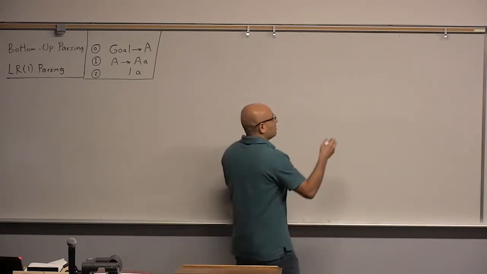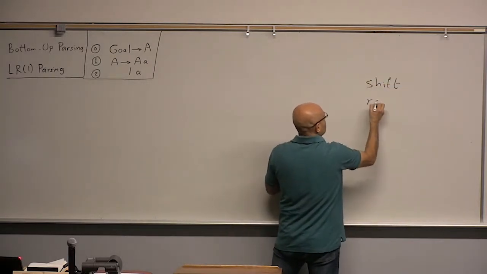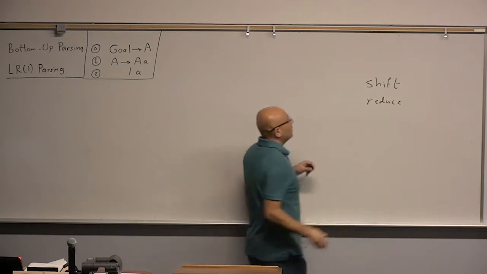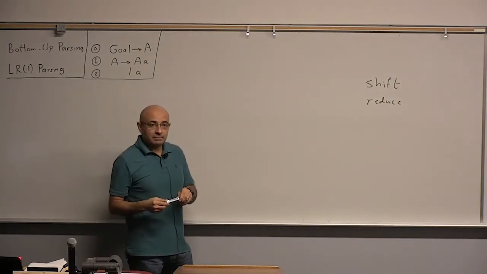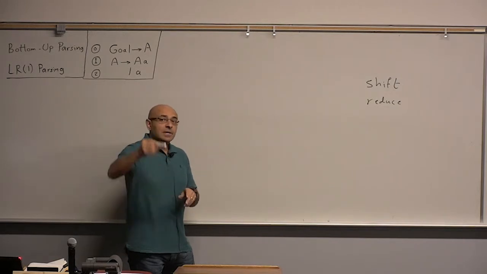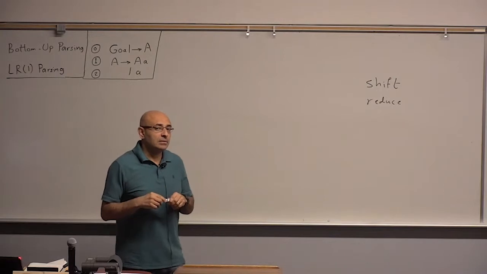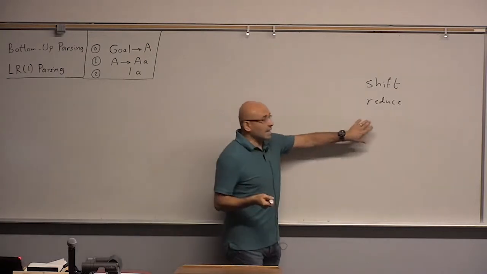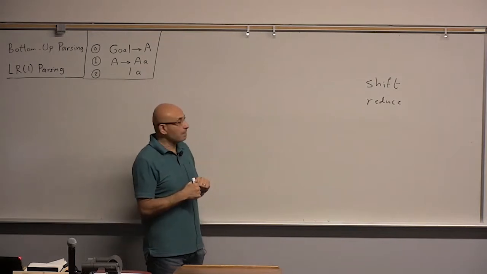Yeah, exactly. So it's about shifting or reducing. Should we shift or reduce? Now, what does shifting mean? Take a symbol from the input and put it on the stack. Yeah, exactly. Get the next symbol from the input and put it on the stack.